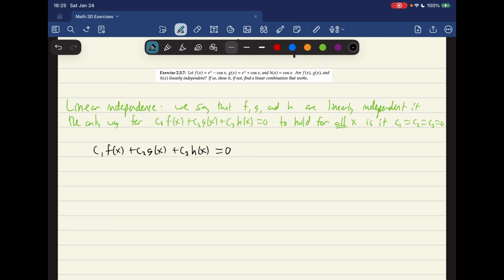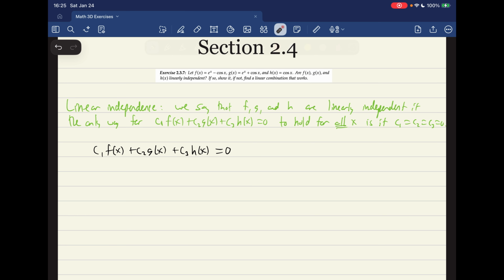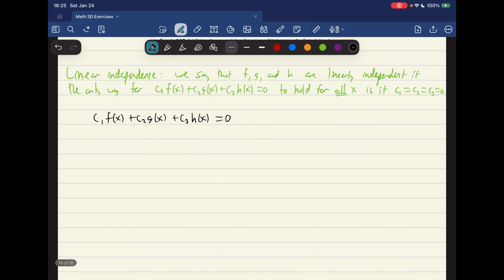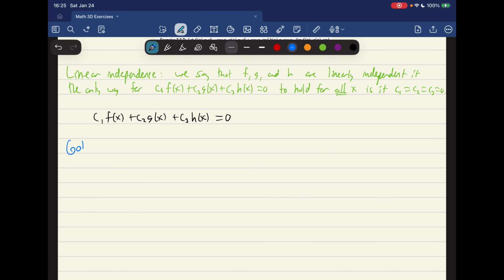To illustrate what I mean by that, first, the goal ultimately for us is going to be to get at least three equations, and I'll write this in blue. Our goal is to get three different equations relating C1, C2, and C3.